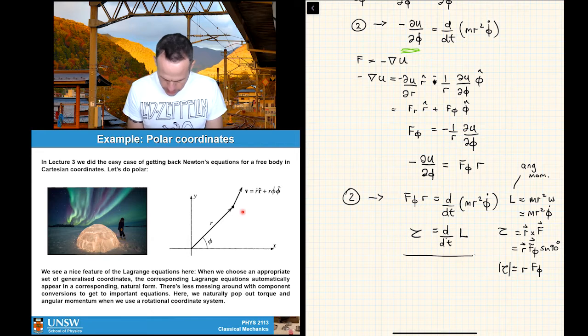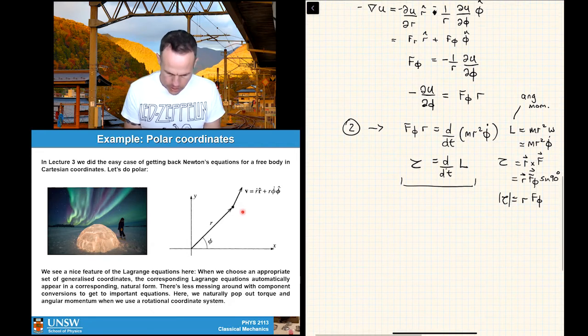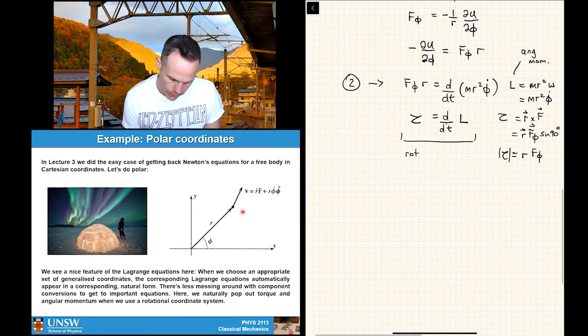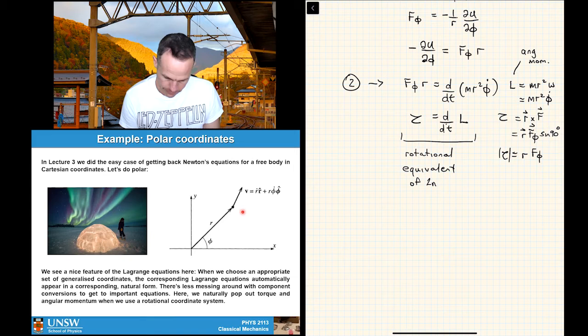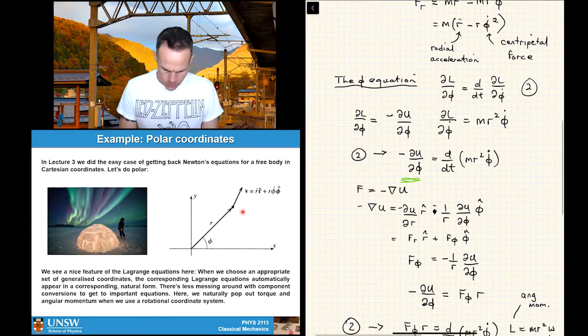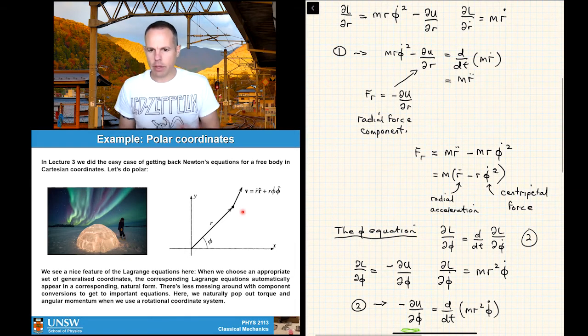And so what we've got here is basically just now our rotational equivalent of Newton's second law, okay? So you can see here we've basically got the same thing we got in lecture 3 when we did it for Cartesian coordinates.